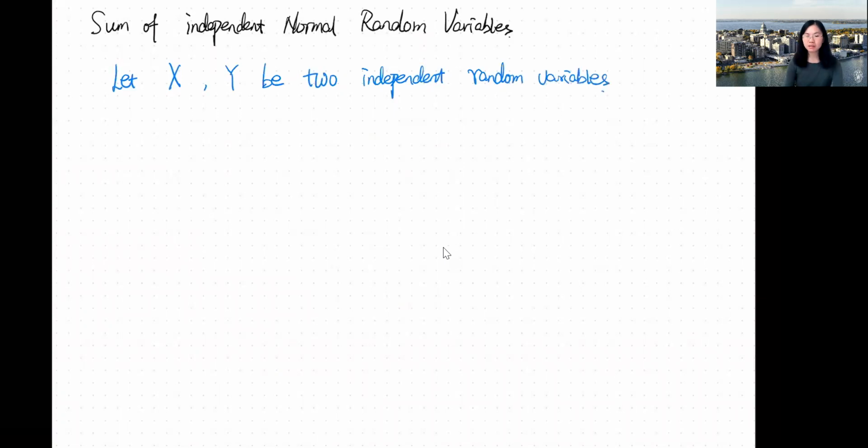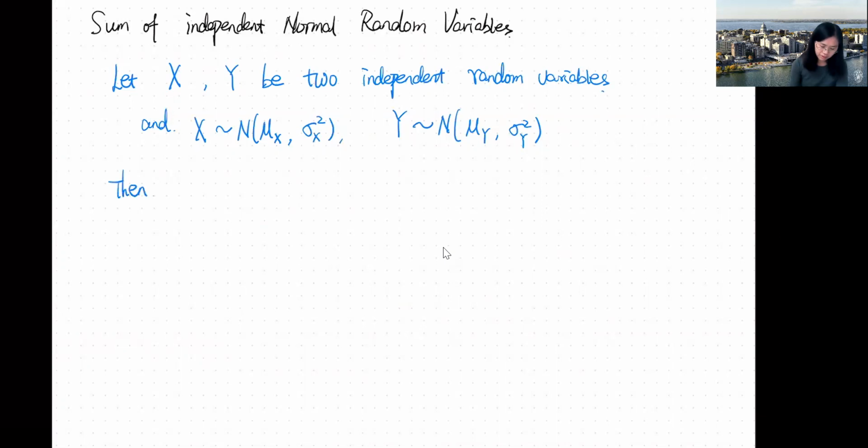X follows a normal distribution with mean given by mu X and variance given by sigma X squared. And Y follows also a normal distribution with mean given by mu Y and variance given by sigma Y squared.